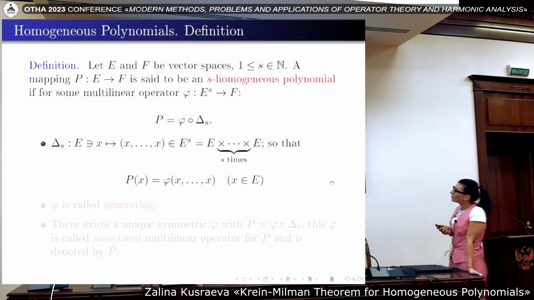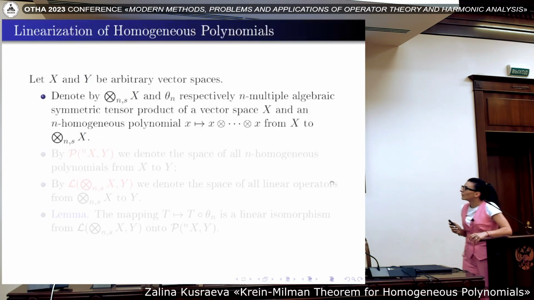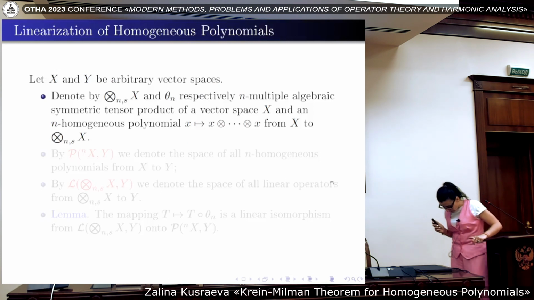Here phi is called generating, and also for every homogeneous polynomial there exists only one symmetric phi, which is called associated. This is just about the theory of homogeneous polynomials.